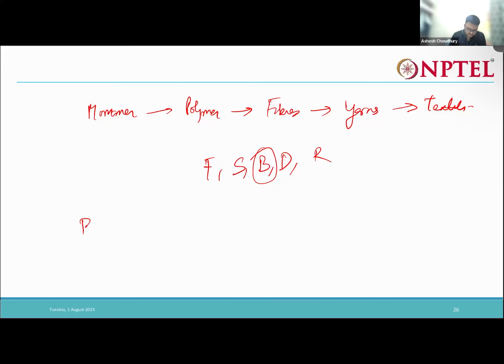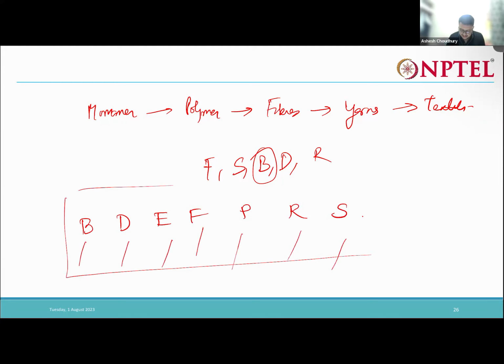Always remember all these functions: B, D, E, F, P, R, S. Barrier, drainage, erosion control, filtration, protection, reinforcement, separation. Try to correlate which geosynthetic material can be used for which function.